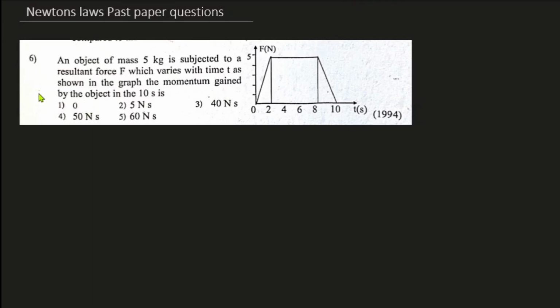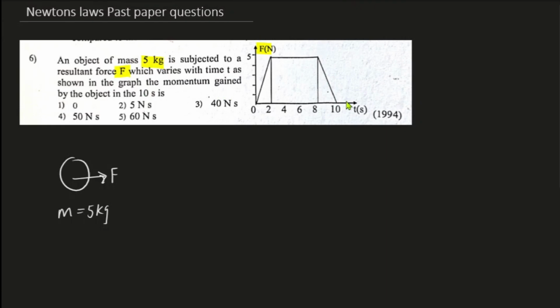Okay guys, let us get on with the question from 1994. It says an object of mass 5 kilograms is subjected to a resultant force capital F which varies with time as shown in the graph.